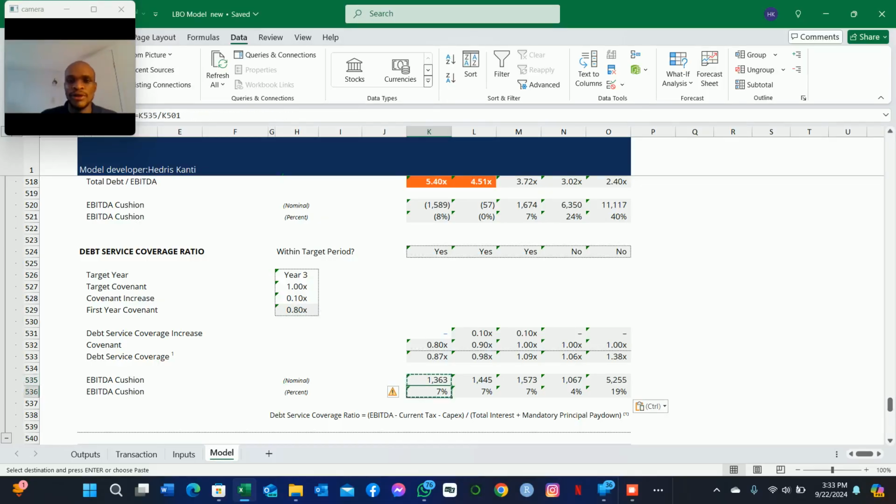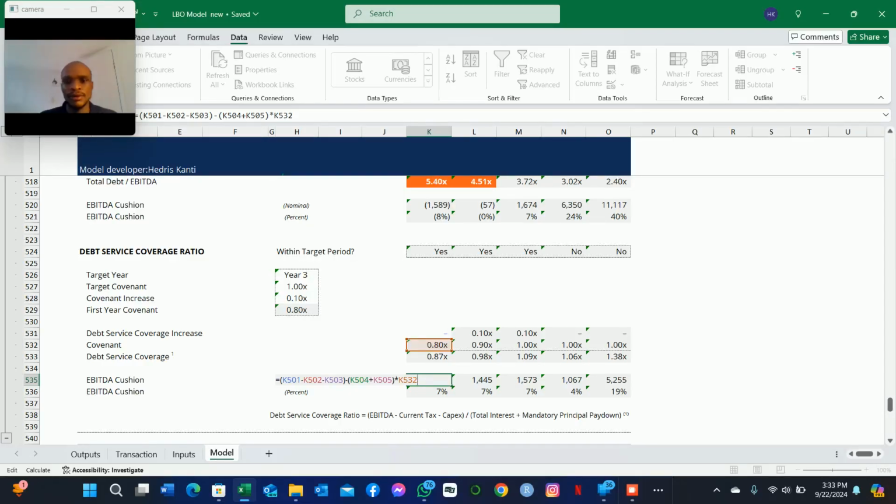What we are saying here is that in the very first year, if this company was to lose this amount of money, $1.3 million of EBITDA, it will need to move its debt service coverage ratio from 0.87 times to 0.8 times. So that's exactly what we are saying here.